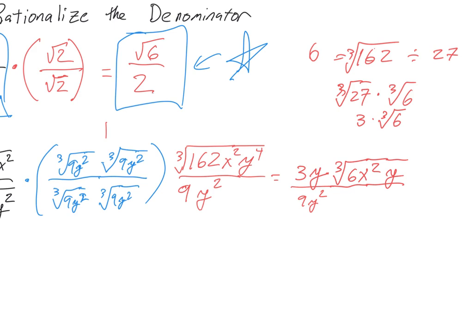And again, if you don't remember how we did that, go back to a previous slide or two where we did the cube root of y to the 4th. And then I look and see, oh my goodness, 3 goes into 9 3 times. Y goes into y squared once, leaving me with the final answer of the cube root of 6x squared y over 3y.